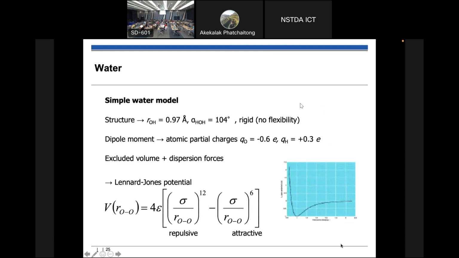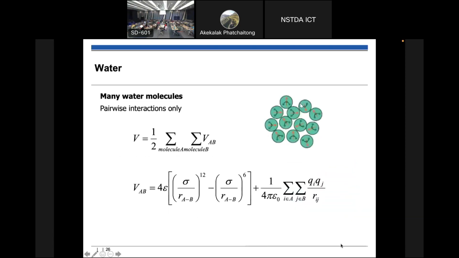Sometimes you can also get the partial charges from quantum chemistry calculations. You get the partial charges, and then you design this equation. So you need to know the sigmas and epsilons. In most cases, sigmas come from covalent radii, as I told you, and epsilons again come from quantum chemical calculations. So once you have that, you have the starting parameters.